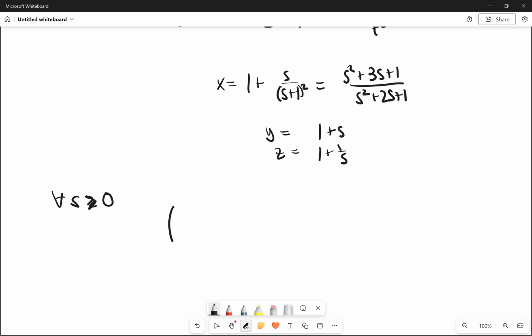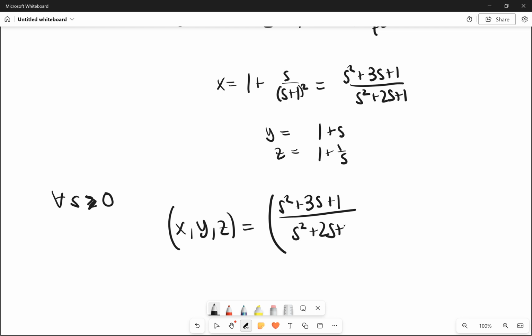We have (x, y, z) equal to ((s squared plus 3s plus 1) over (s squared plus 2s plus 1), 1 plus s, 1 plus 1 over s). And as before, since we're assuming that x was a minimum, we have to permute these solutions. So we can just write and permutations.